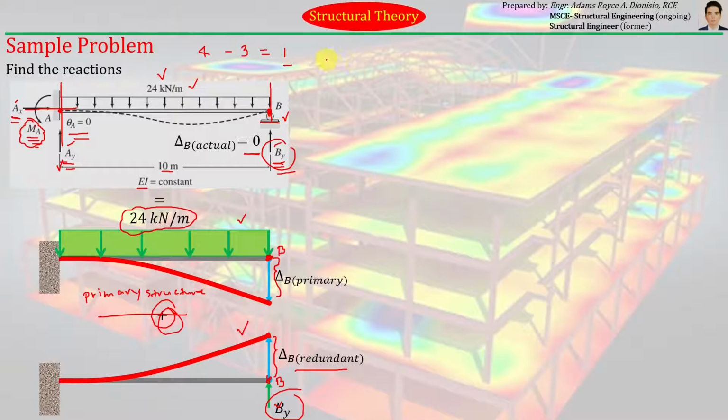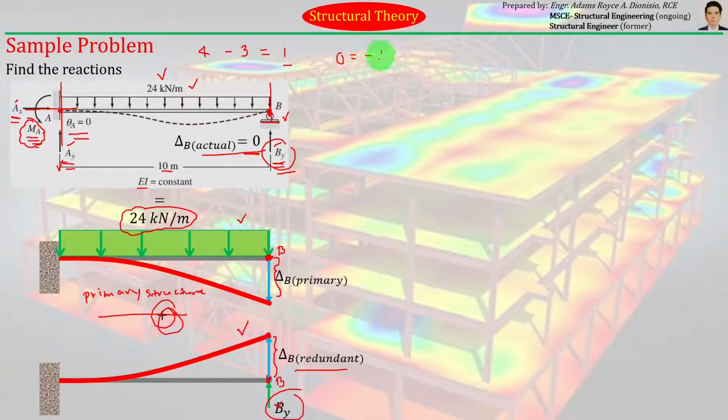in equation form. So according to force method or method of consistent deformation, this response or this characteristic of the given original structure with the deflection equal to 0 at joint B must be equal to this deflection. Let us just give it a negative sign since it is moving downward.